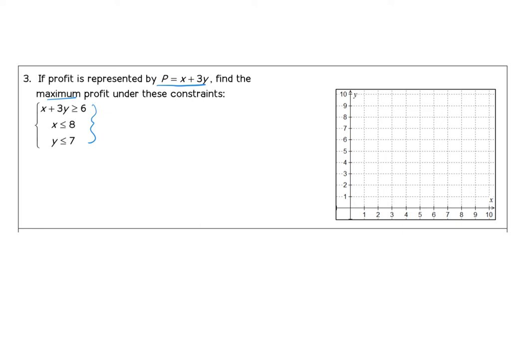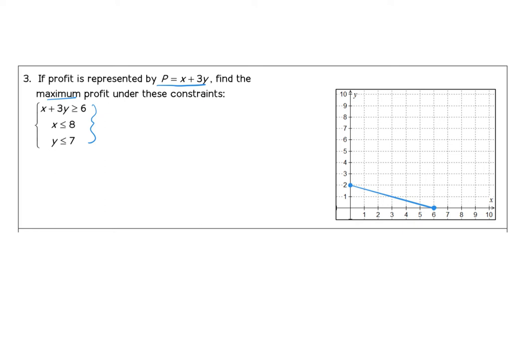All right? And so if I were to graph this first one, my x-intercept is going to be 6 over 1, so just 6. My y-intercept is going to be 6 over 3, so that is 2. And then I am going to connect those dots. They limit it to the first quadrant, so I don't even have to worry about anything other than that. It's going to be greater than, so I know eventually I'm going to shade above that line.